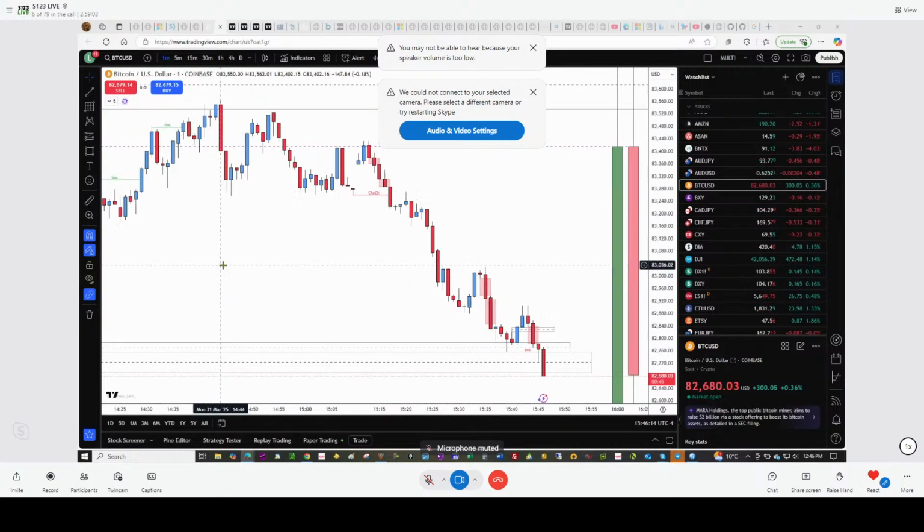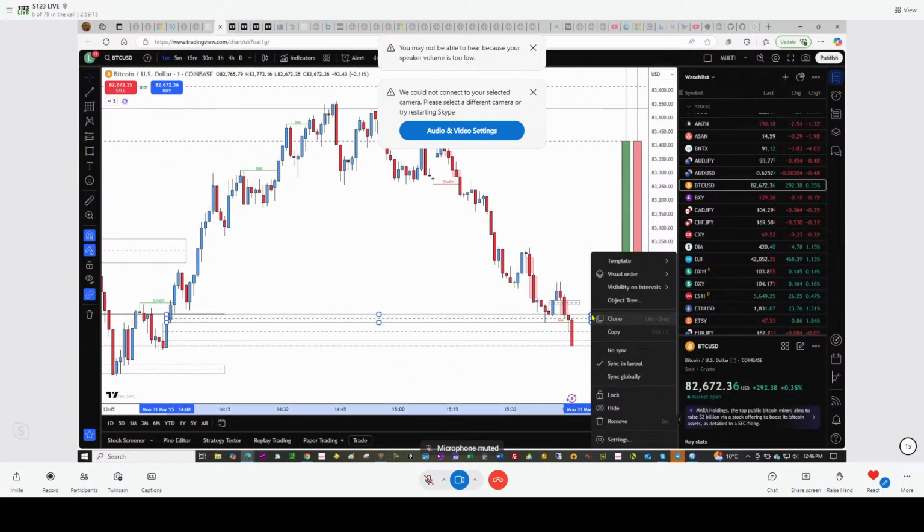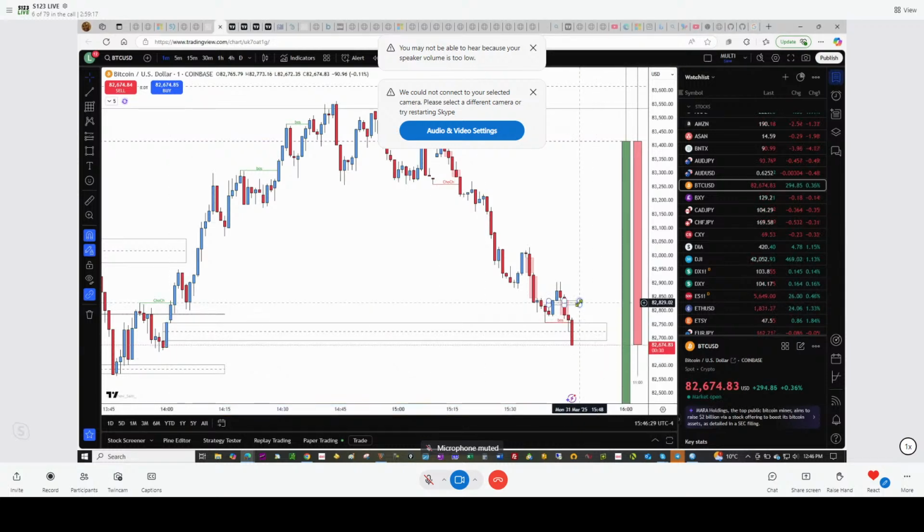And Bitcoin's going through the gap. What else is left? Nothing. So this gap has to hold, otherwise we're taking out the lows. This gap's no good. This gap's no good. So that's the last gasp, this order block, otherwise we take out the lows.